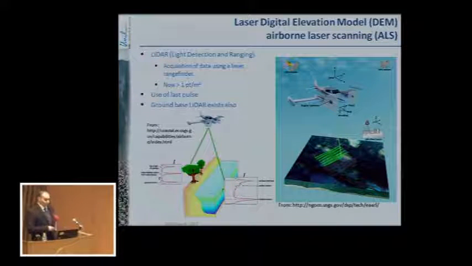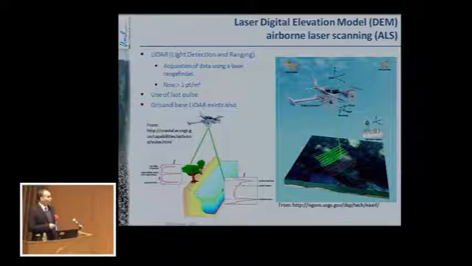What is LiDAR? Just to remind you, you can have an airplane with a laser, and the laser sends a beam, and then you count the time of the different returns of the reflection.